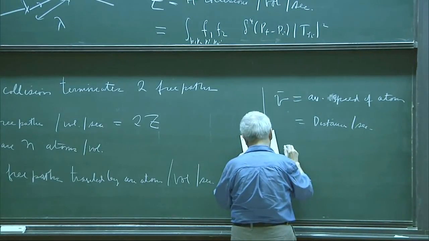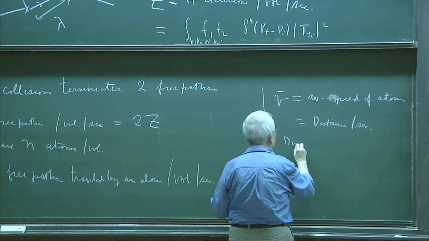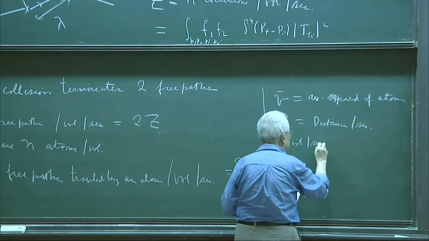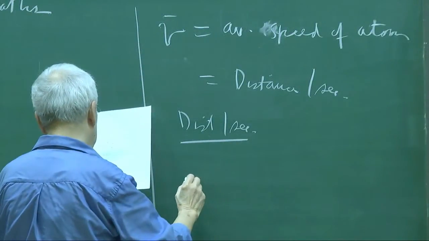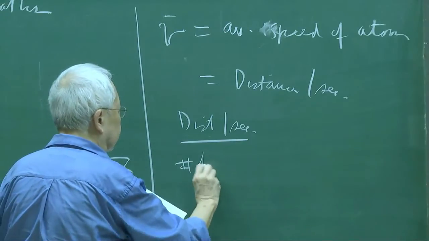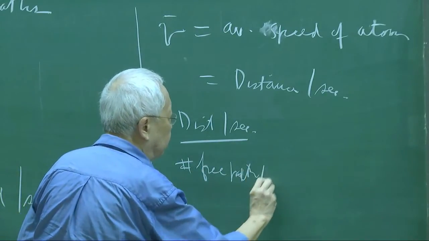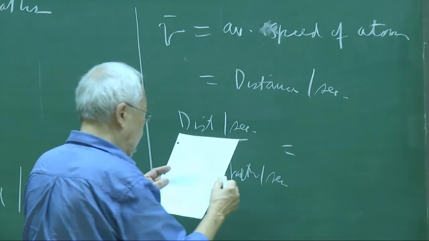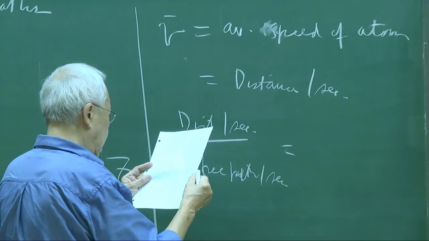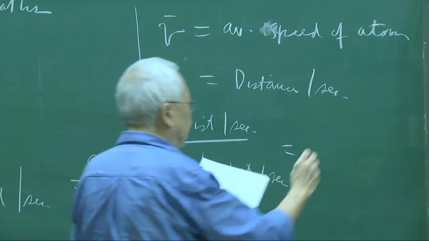And therefore lambda, that is the distance traveled per second divided by the number of free paths per second, is just equal to lambda.